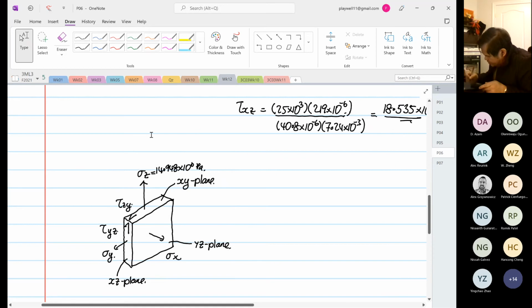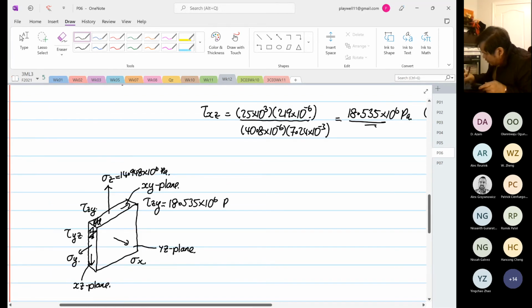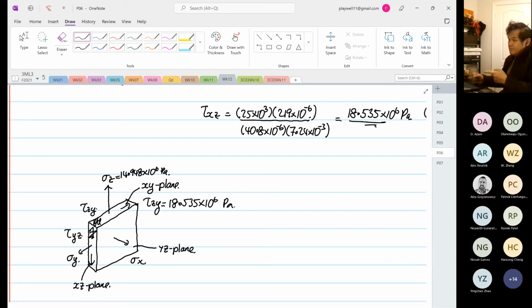Our element states that the shear is going in the other direction, and it's equal to 18.535 times 10 to the power 6 Pascal. Now, this is where it gets critical. The shear is pretty high now. Can you see that?